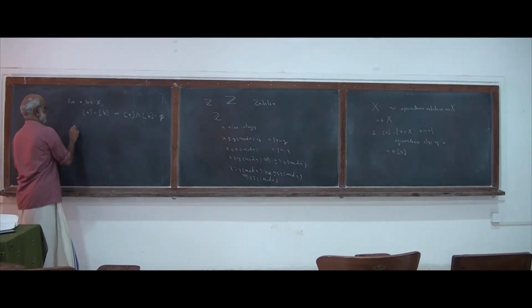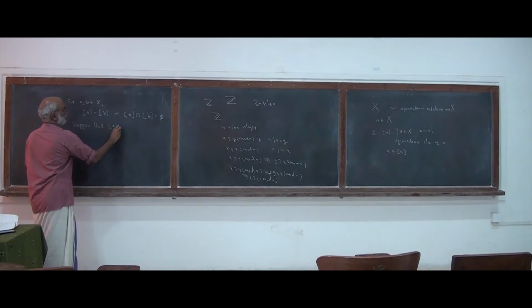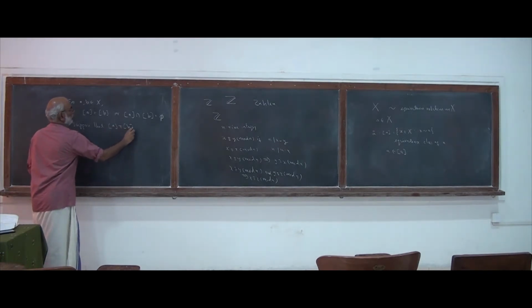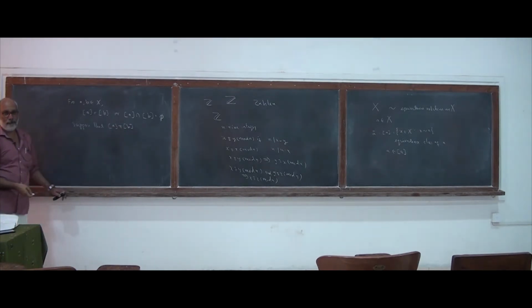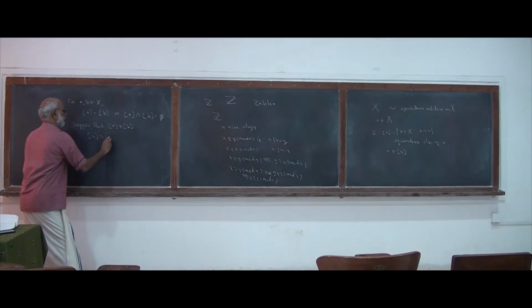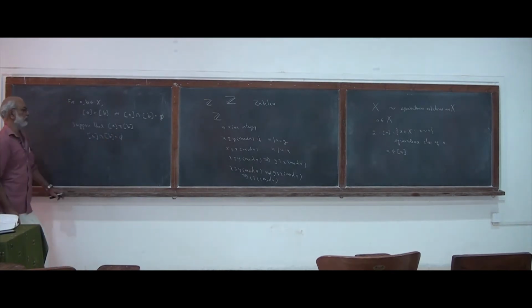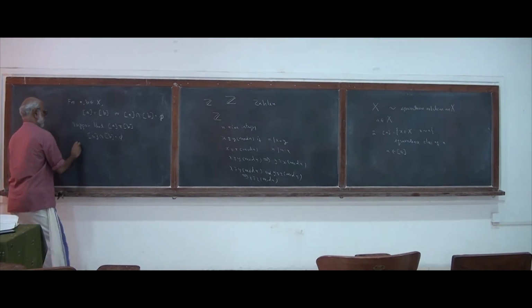Suppose that equivalence class of B is not the same as equivalence class of A. Then we have to prove that equivalence class of A and equivalence class of B are disjoint. Suppose not.